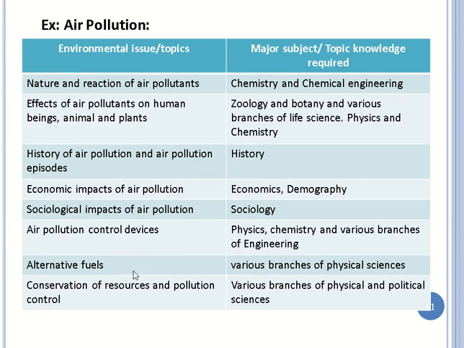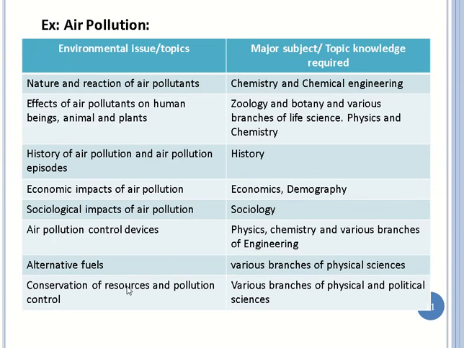If we want to derive devices which will control the air pollution, then you require the knowledge of physics, chemistry, and also engineering. Then if you want to use less polluting alternative fuels, okay, from where will you get this knowledge? You will get this knowledge from various branches of physical science and chemical science.